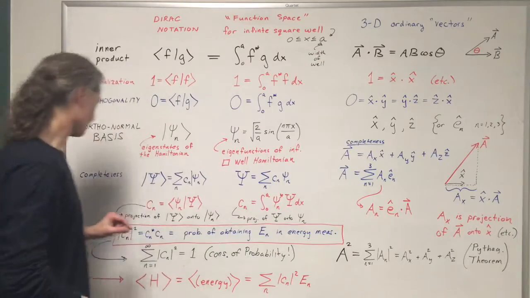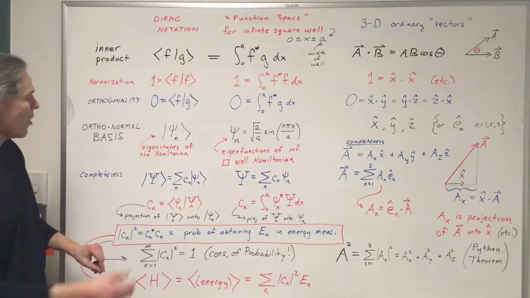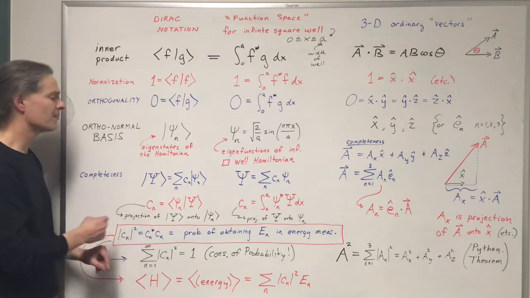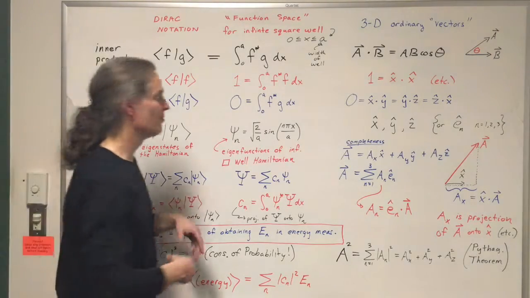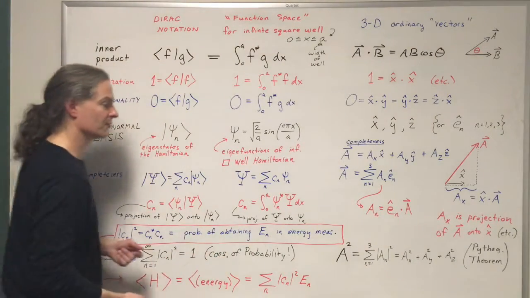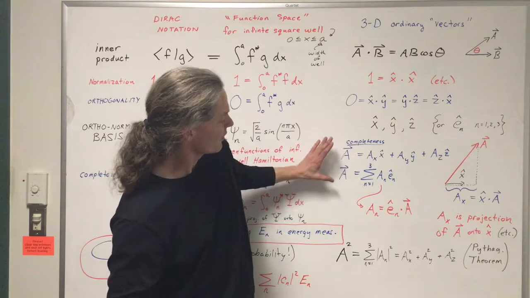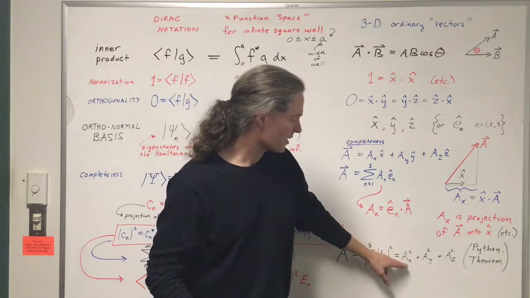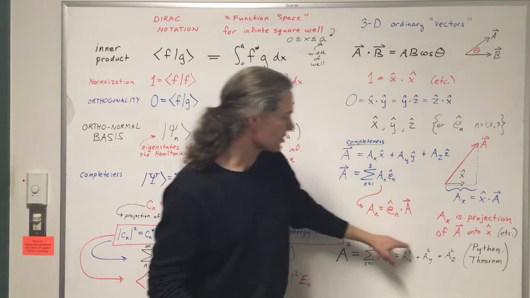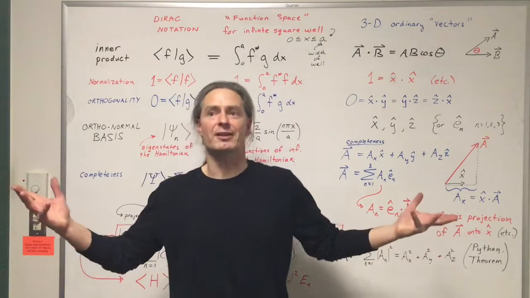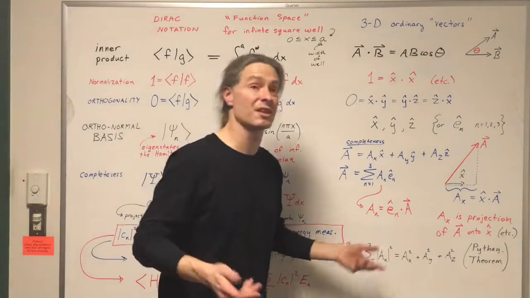Now, you might wonder why these things are squared. Well, the squaring comes from having something that's conserved. In our ordinary three-dimensional vector space, if I just take a sub x plus a sub y plus a sub z without the squares, I just have some number that doesn't mean anything in general.